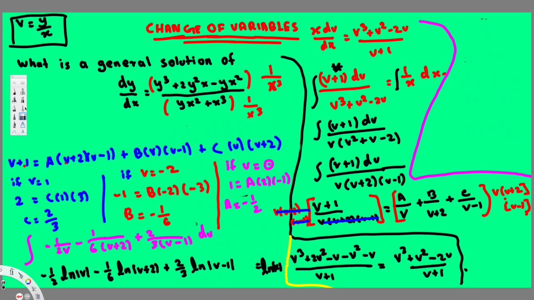So this is equal to ln x plus constant, and that's going to be the final answer if we have a situation like this. But before I write the final answer, I have to substitute y over x, because initially we had y over x, so we have to do the back substitution to write everything in terms of y and x.